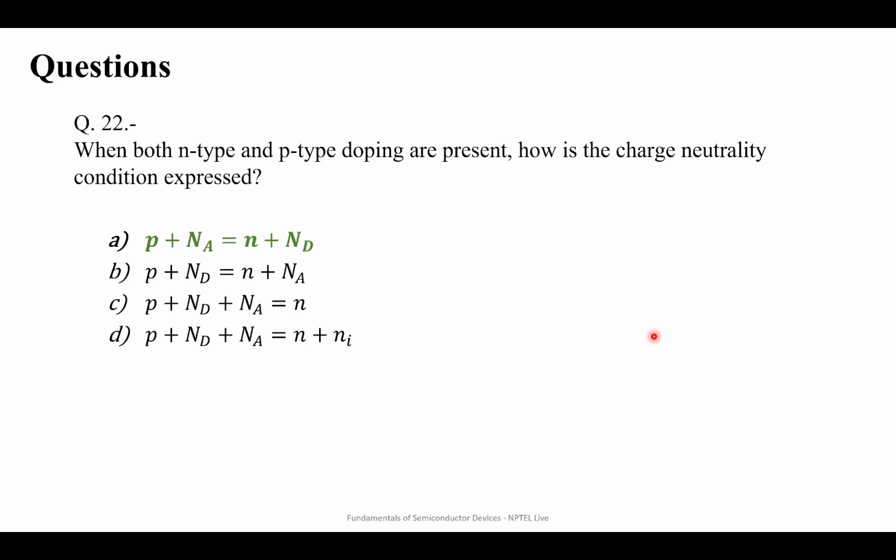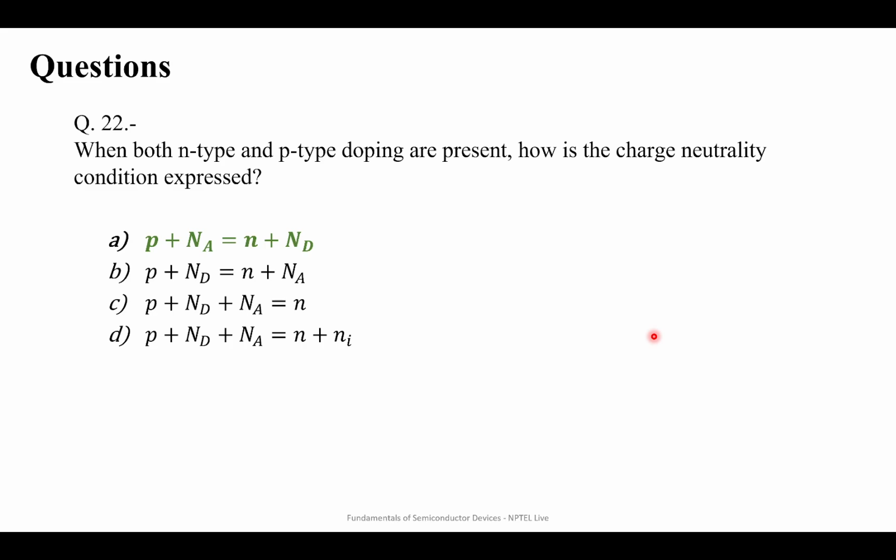So your Na is your acceptor concentration that you have added. Your doped acceptor p-type concentration. Nd is your doped donor concentration. P is your free hole concentration, and n is your free electron concentration.